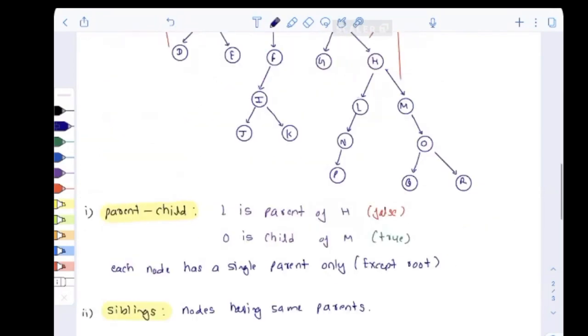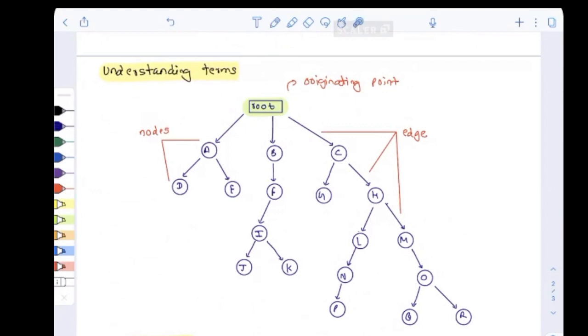Perfect. For example, quickly tell me, what are all the descendants of F? Some of you must have missed the general terms, but never mind, just carry on from now. I'll give you a quick recap. So what are all the descendants of F, guys? All the nodes coming under this tree.